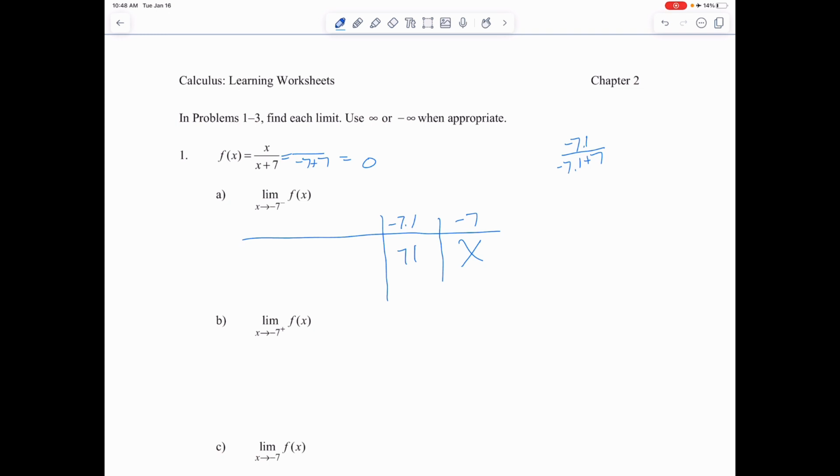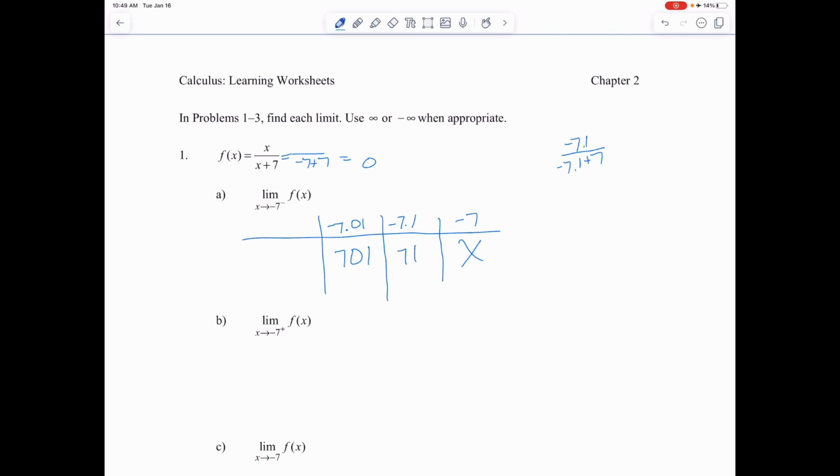What if I plug in -7.01? So I'm getting closer and closer and closer to that -7, right? -7.01 is going to be -701.